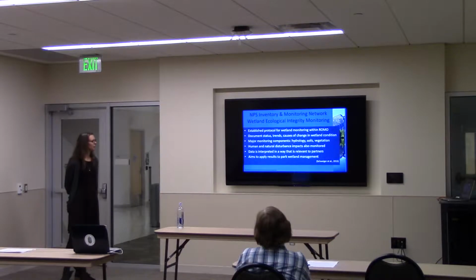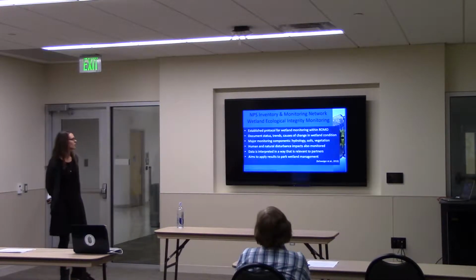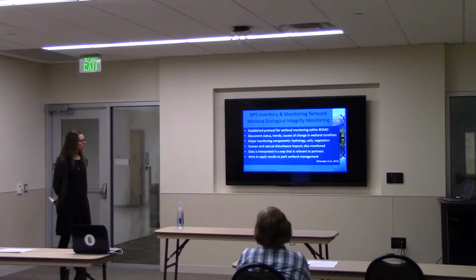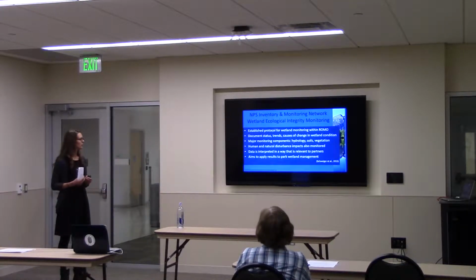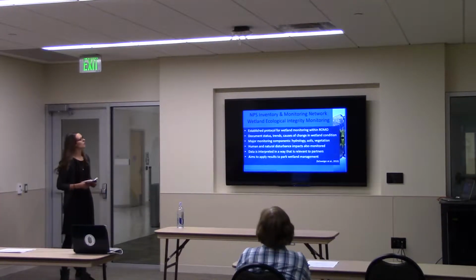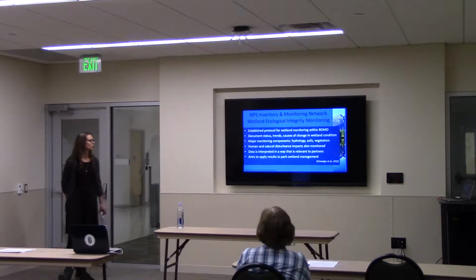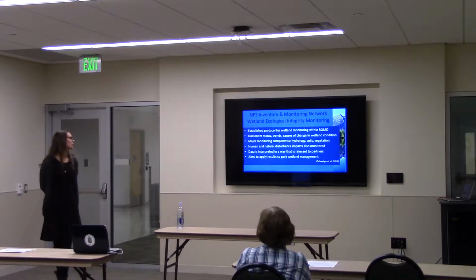And then finally, the last methodology I wanted to break down was that of the Wetland Ecological Integrity Monitoring Program. So this is a National Park Service program, and it's actually being carried out in Rocky Mountain National Park currently. So basically, this program was established to look at status, trends, and causes of change in wetland conditions specific to Rocky Mountain National Park.